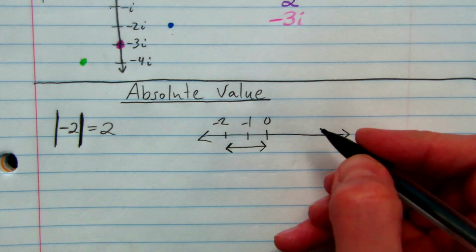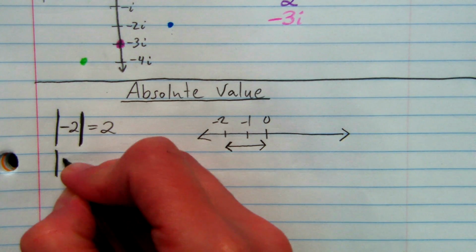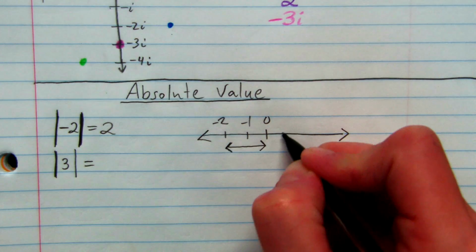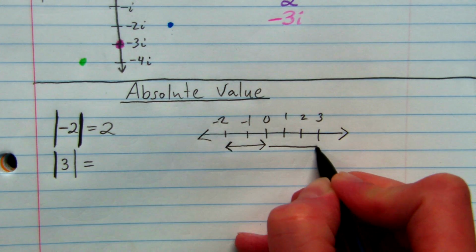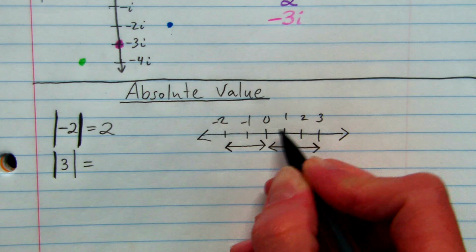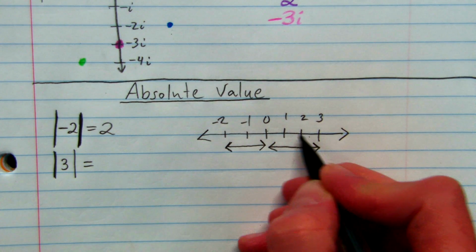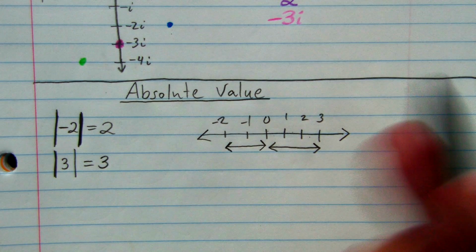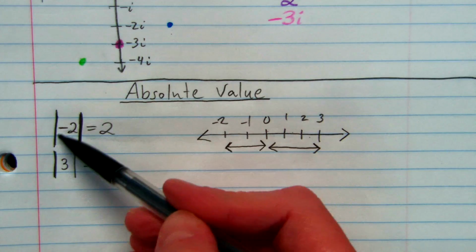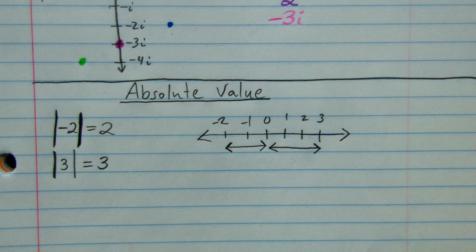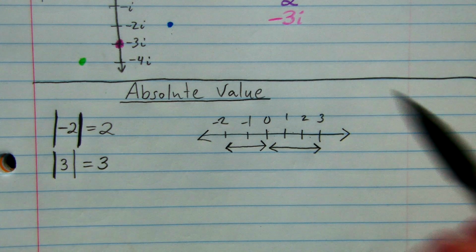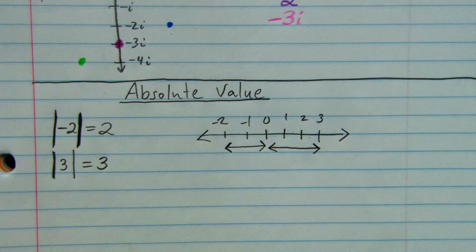If I did the same thing with a positive 3, that would be the distance between 3 and 0, and that distance is just 3 units, and it's 3. And then we sort of summarize that when you take the absolute value of a number, it makes it positive. So that's absolute value of real numbers, is just how far it is from the origin on a number line.